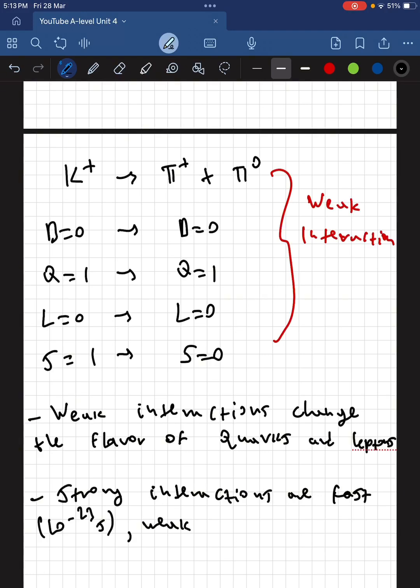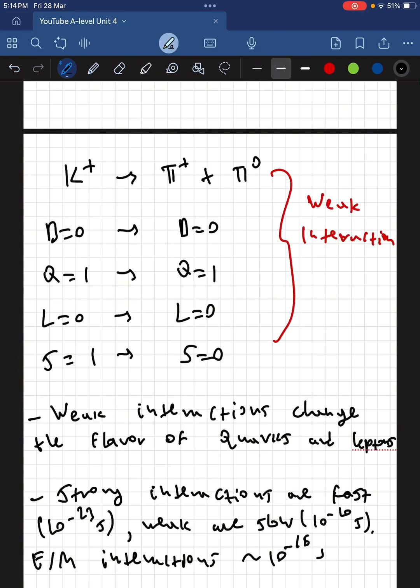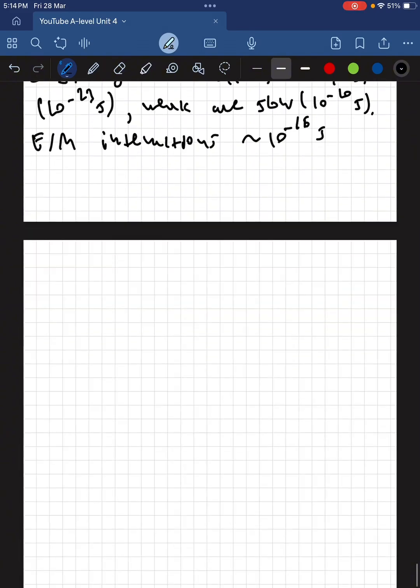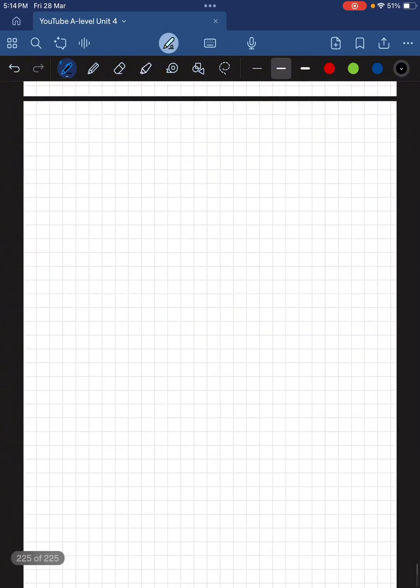Weak interactions are slow, so they proceed in about 10 to the negative 10 seconds. And electromagnetic interactions take a time of about 10 to the negative 16 seconds, so they are kind of in between.